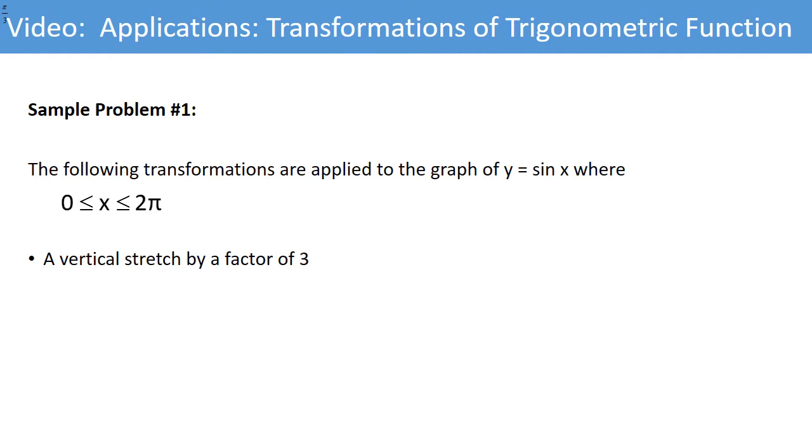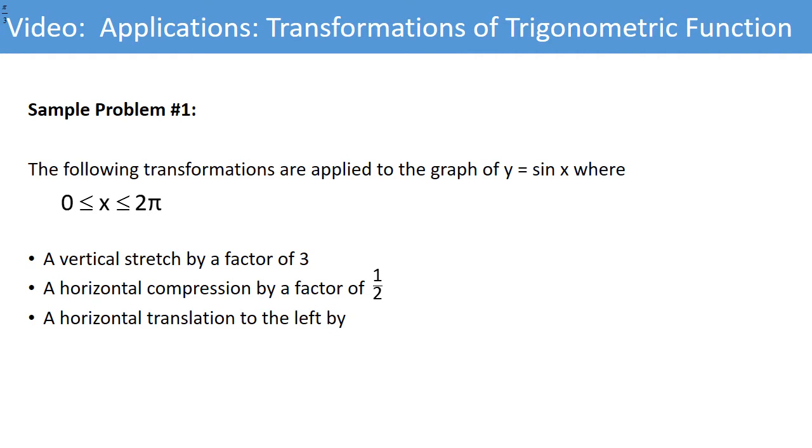We have a vertical stretch by a factor of 3, a horizontal compression by a factor of 1/2, a horizontal translation to the left by pi over 6, and a vertical translation 1 unit down.